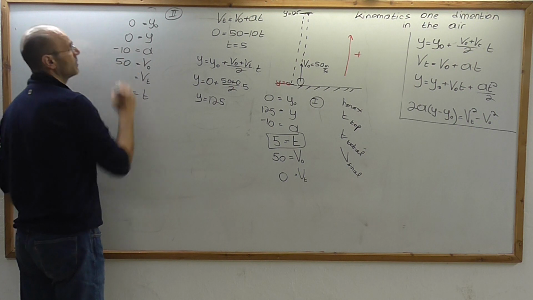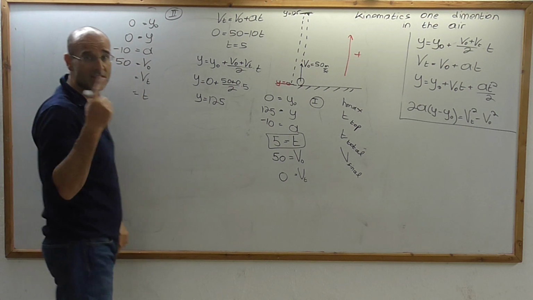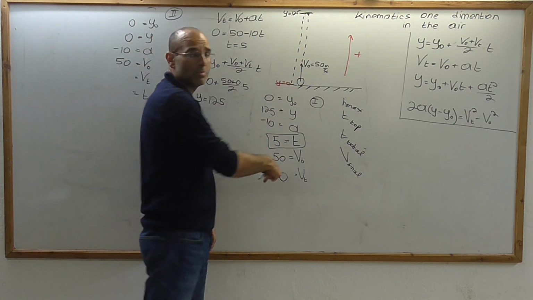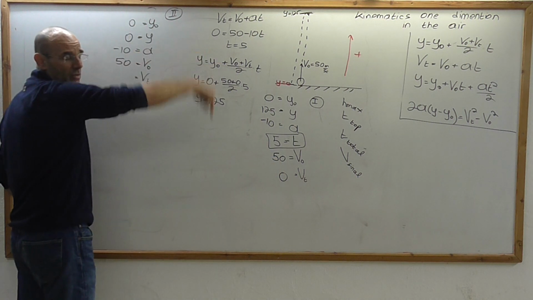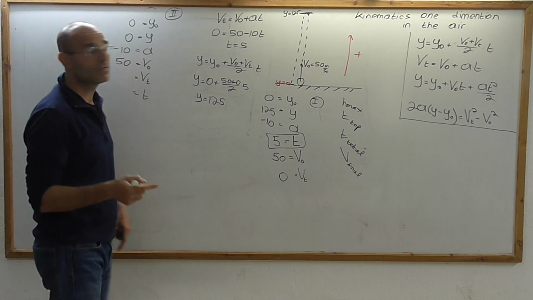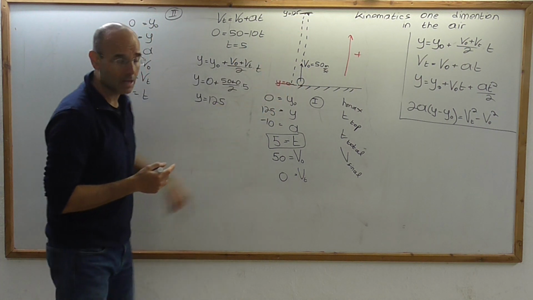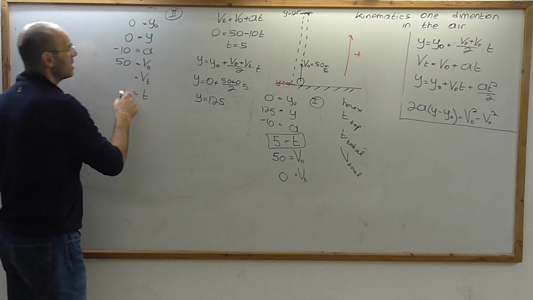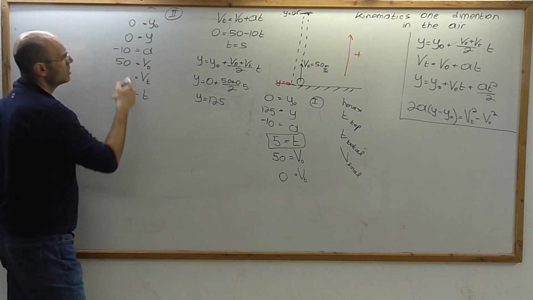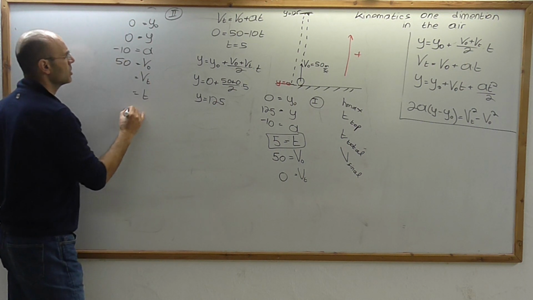V0 was plus 50. V final, I want to prove that it's a symmetrical problem, so I want to prove it to be minus 50 in this direction. And time I also want to find, to prove that the time up is the time down. So let's find them and prove it. Let's use the third equation.